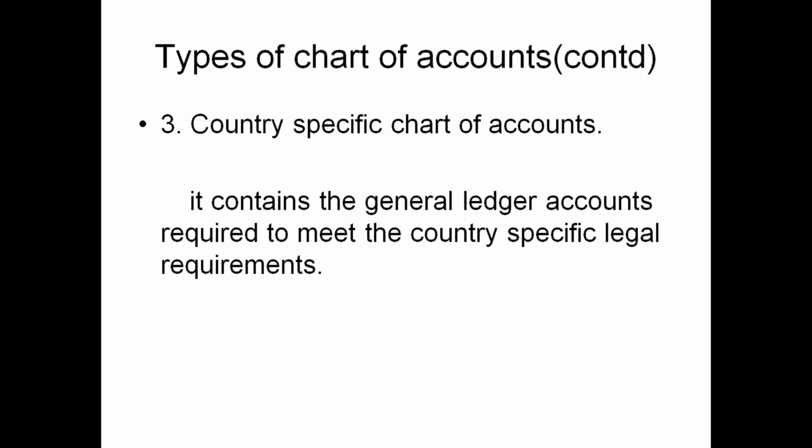You need to create an operating chart of account, and that would be your operational chart of account. But at the same time, you want to give the financial information in the local language and local currency to the local government in these countries.